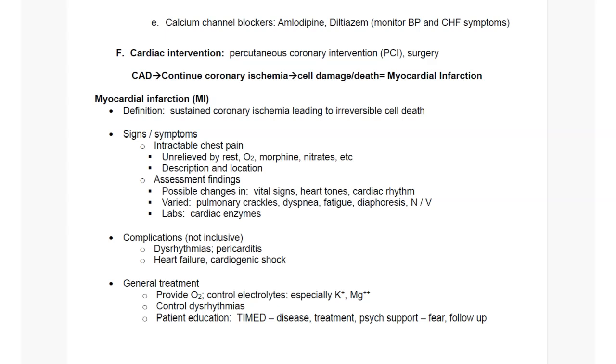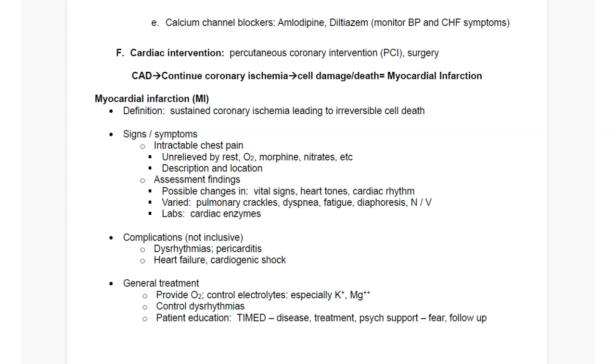So if we keep our potassium within normal, as well as our magnesium, it just keeps our risk for developing dysrhythmias a little lower than if we don't have those under control. Now again, if they already have some dysrhythmias, we need to control those. If their heart rate is too fast, we need to slow it down. If their heart rate is too slow, we need to speed it up a little bit. We need to find that balance to make sure that we're giving enough perfusion or blood flow to the heart and the rest of the body, of course.